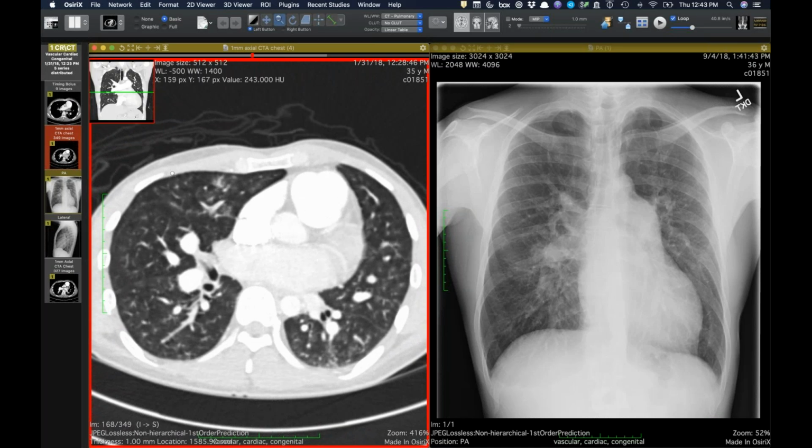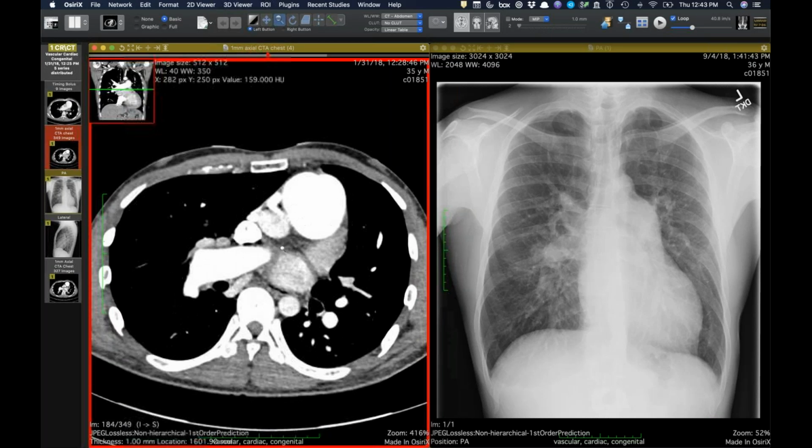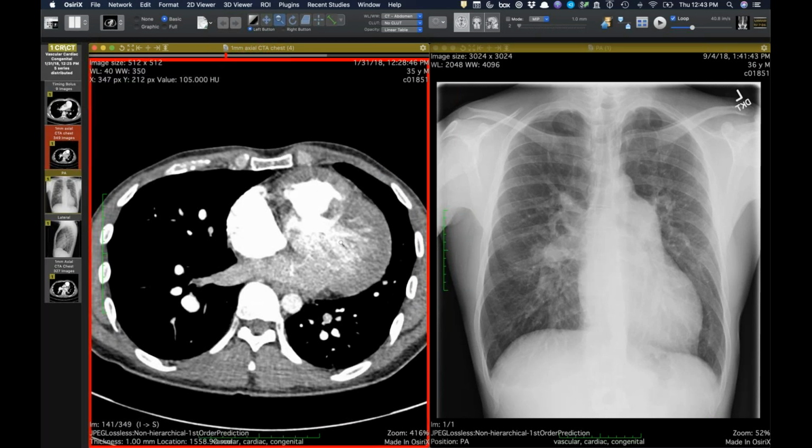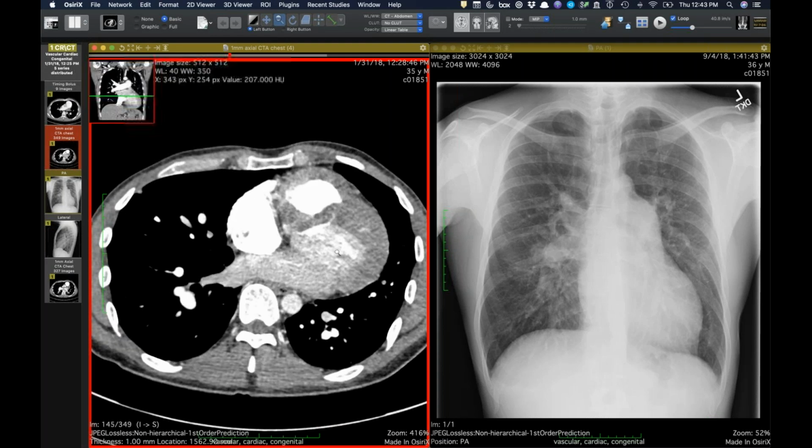But you can see that there's a little bit of shunting from right to left across this, and so he does have signs and symptoms of Eisenmenger physiology.